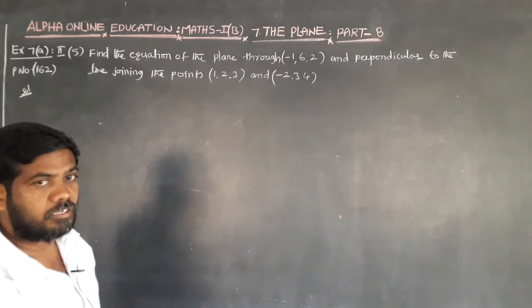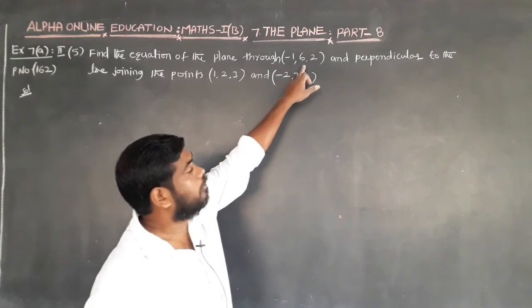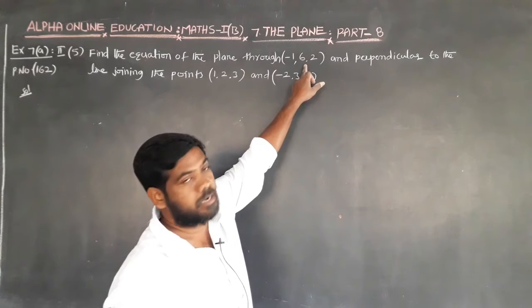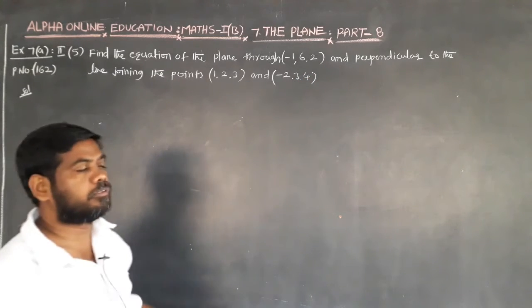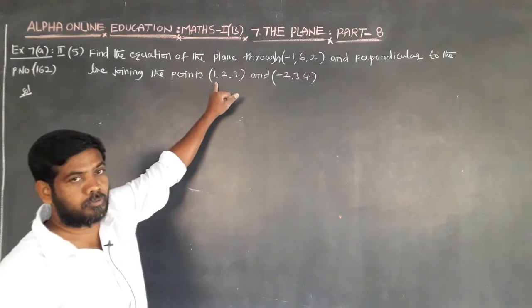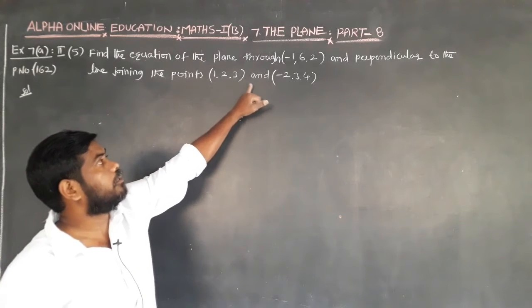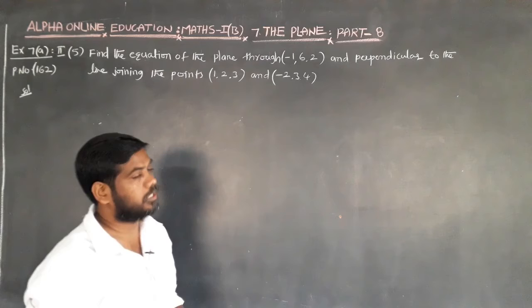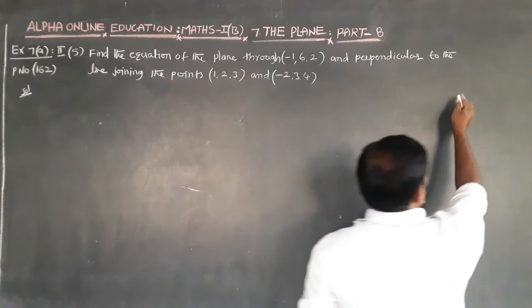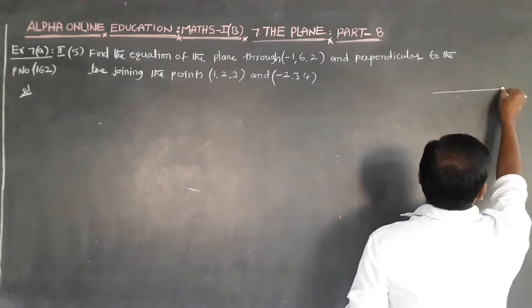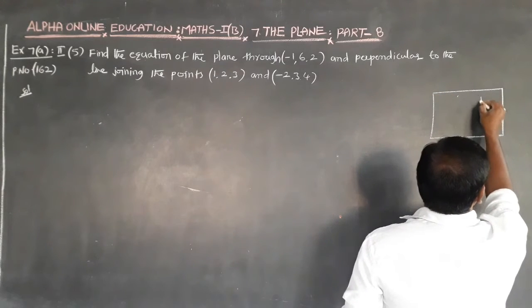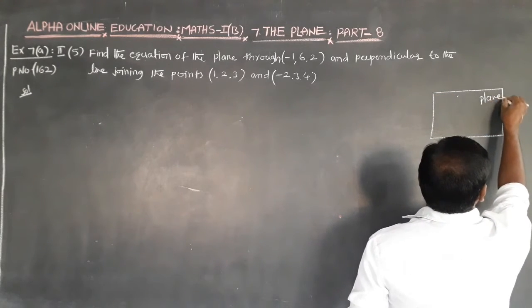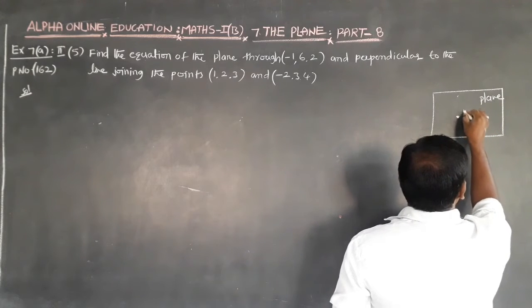Here we find the equation of the plane passing through the point (-1, 6, 2) and perpendicular to the line joining the points (1, 2, 3) and (-2, 3, 4). This is the required equation of the plane.